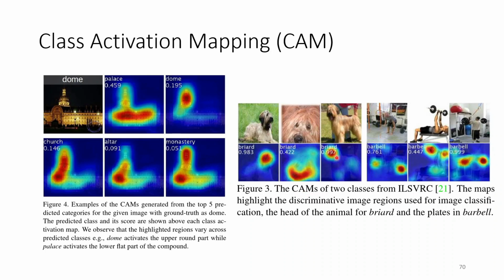It means for certain classes, this is the most important part, and all other parts are less important. For the set of images for the class of barbell, there is a barbell, and this is another, and the important part is the iron plate.